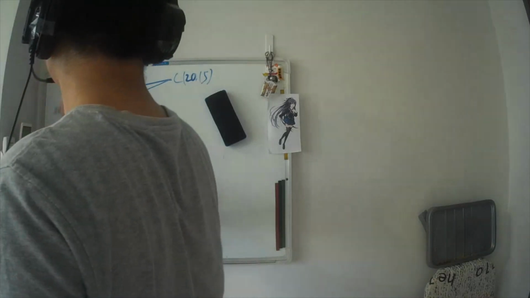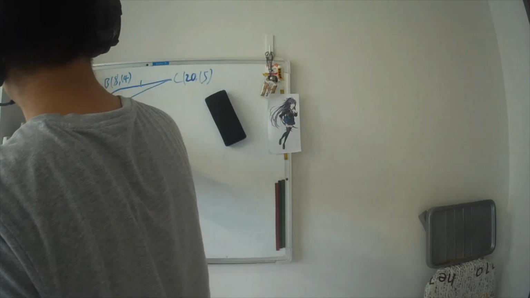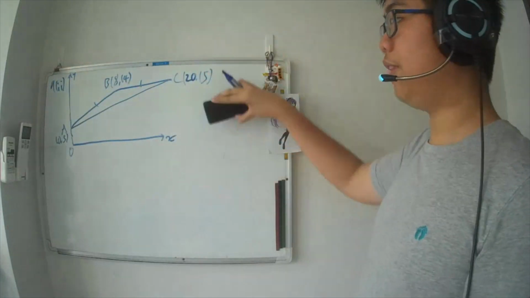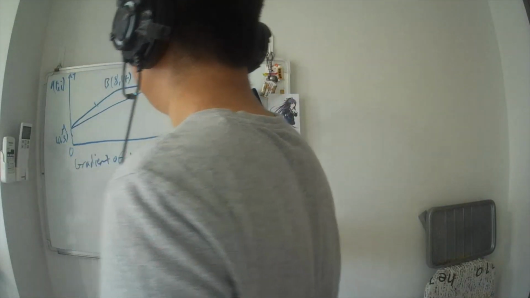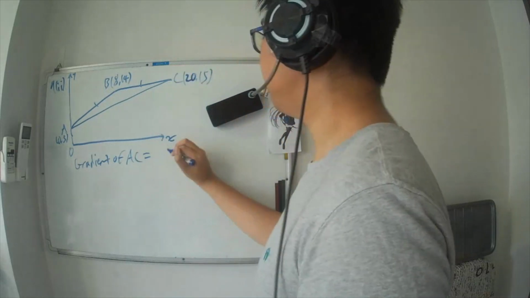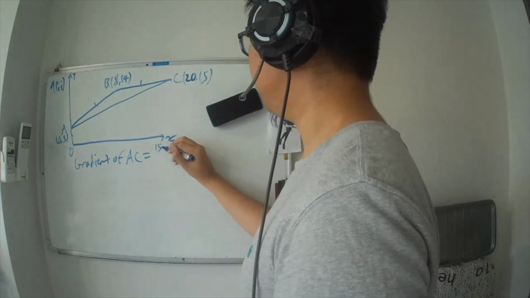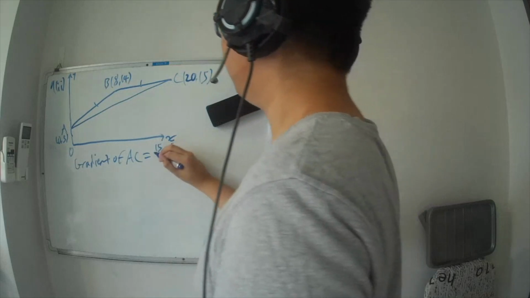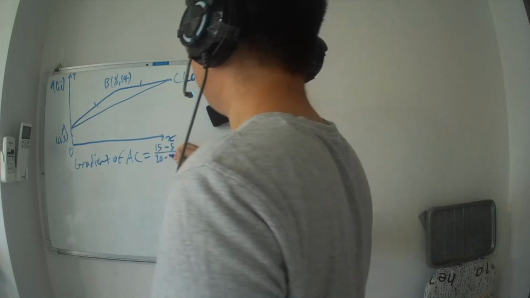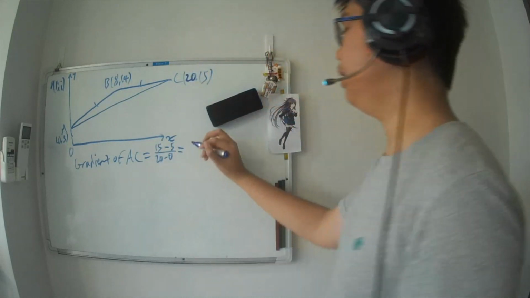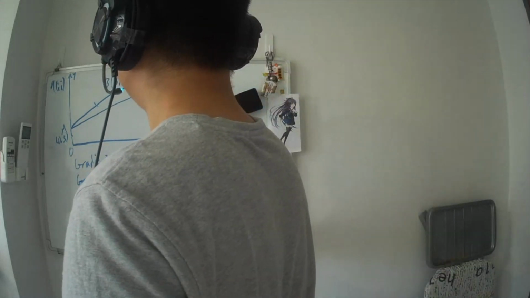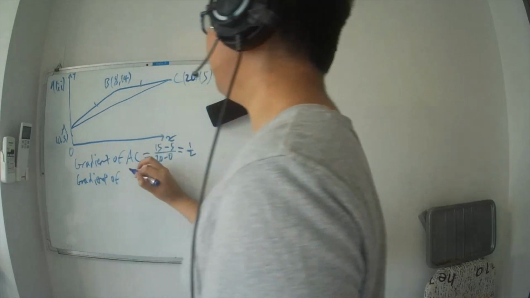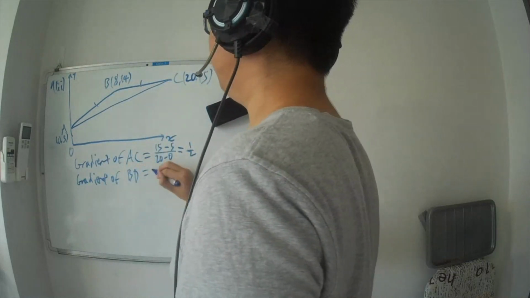Okay, so this is now 9 part 2. Alright, so if we find the gradient of AC, then we can find the gradient of BD. Y2 minus Y1 over X2 minus X1. And this is just equal to half, right? Then the gradient of BD is equal to -2, isn't it?